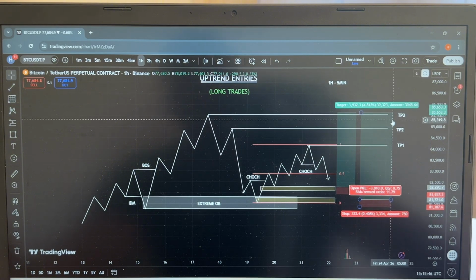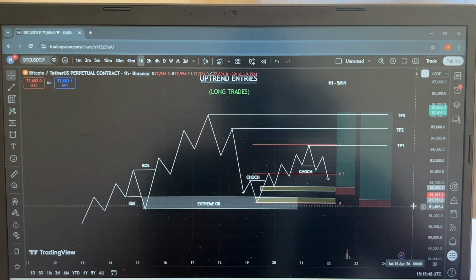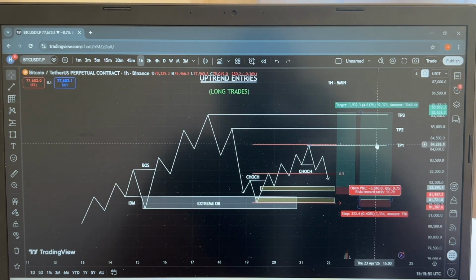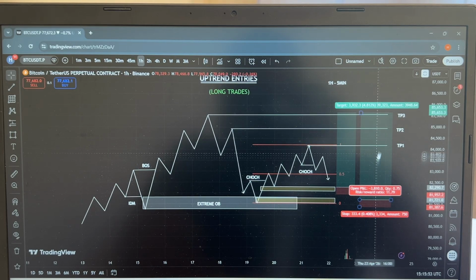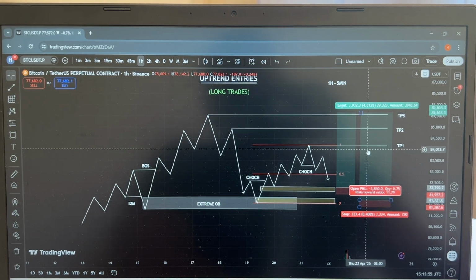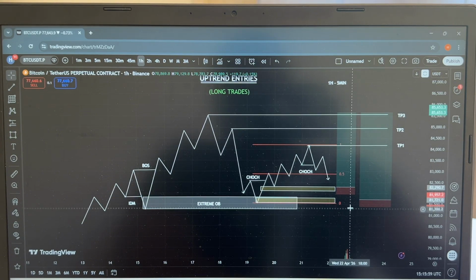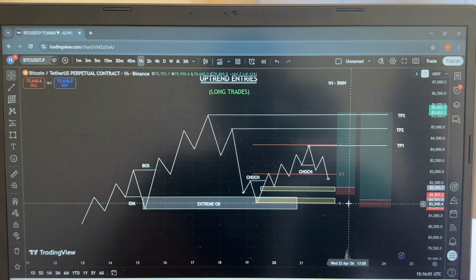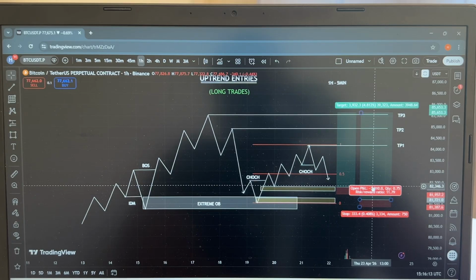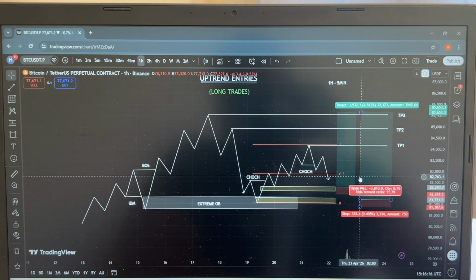Okay, so what we are going to do is, sometimes people go to this TP1, wait until the market hits this TP1, and then they bring their stop losses to the entry point.